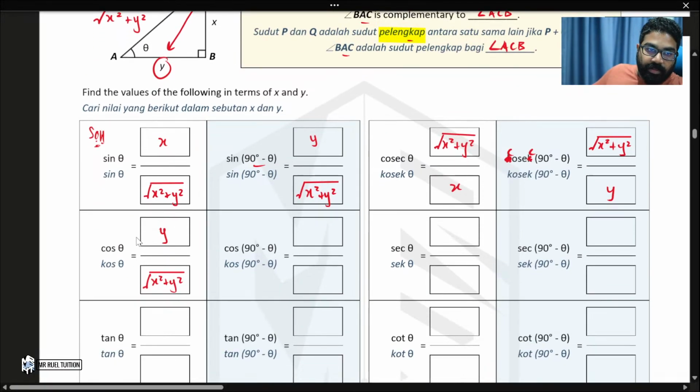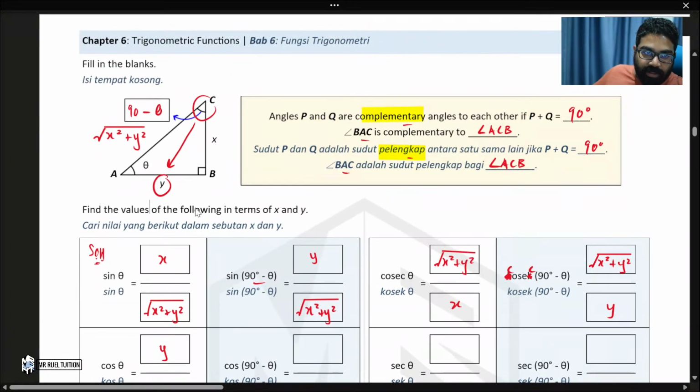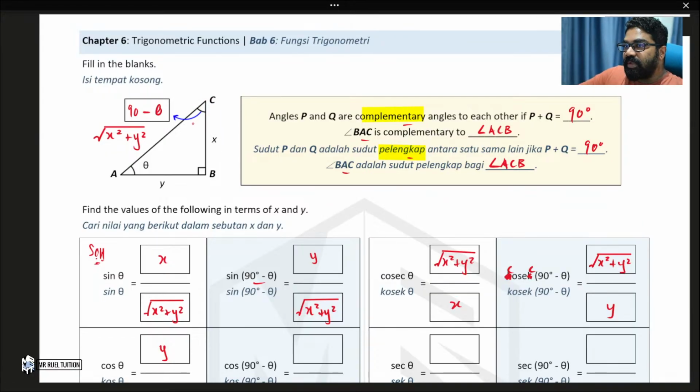Okay. Now we go to cos. So cos theta, untuk theta, sisi bersebelahan dia ialah the adjacent side is y. Y over hypotenuse. Punca kuasa 2, x kuasa 2 tambah y kuasa 2. Kan? Okay, what about for 90 minus theta? Untuk 90 tolak theta, what is the adjacent side? Sisi bersebelahan dia ialah x pula. Kan? It's x, isn't it?